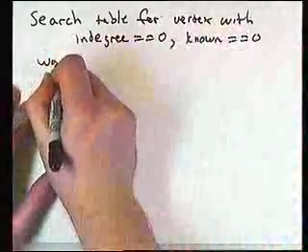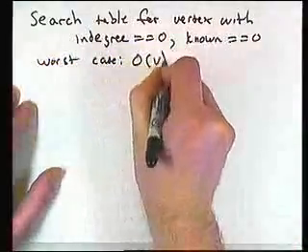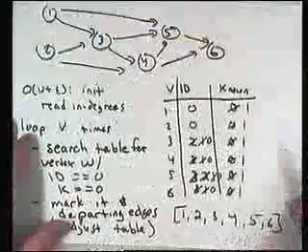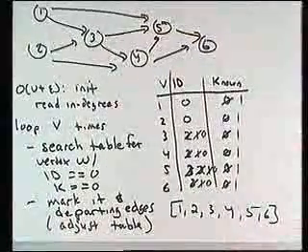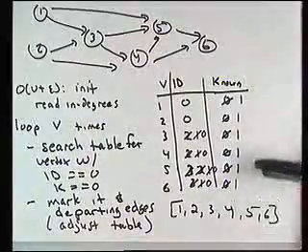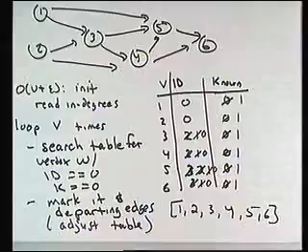And in the worst case, that search can take order v time. In the beginning of the algorithm, we were very lucky, and we said, well, hey, look, right at the very start of the table, we have a vertex of in degree 0 and known equal to 0. By the end of the algorithm, we're having to search down the entire table to get to that point. And so overall, the worst search will be v.